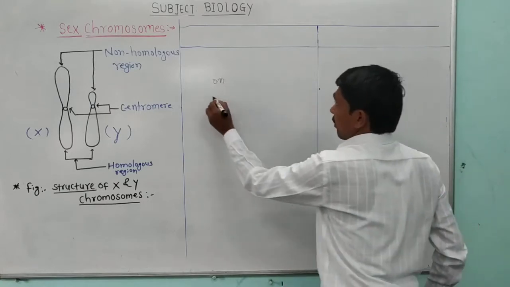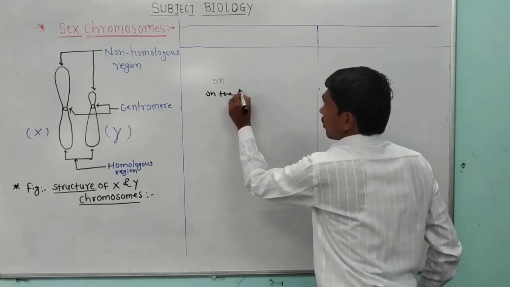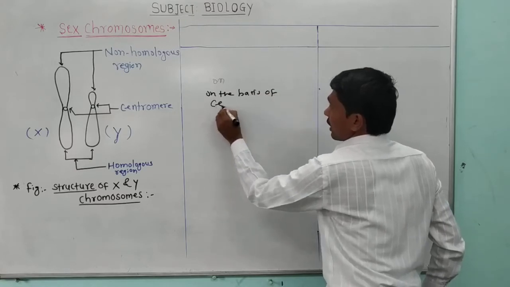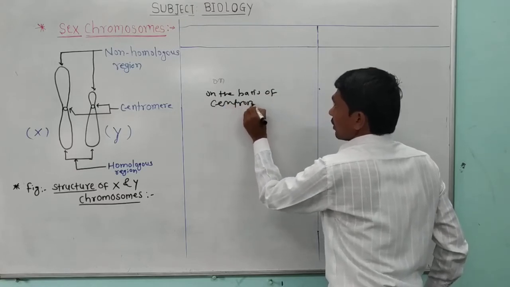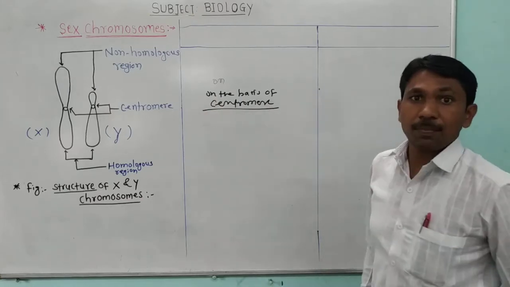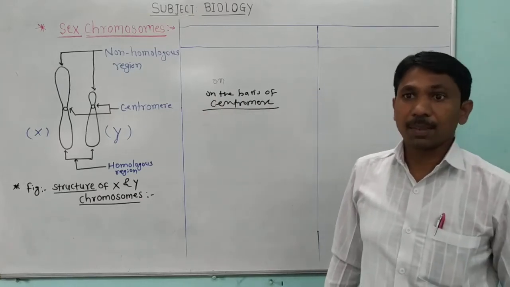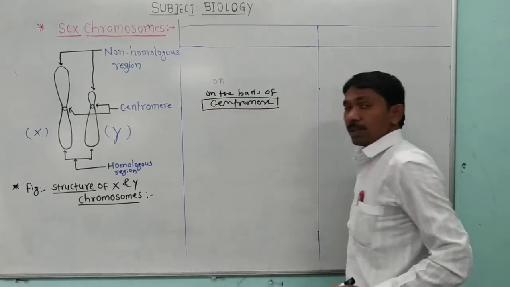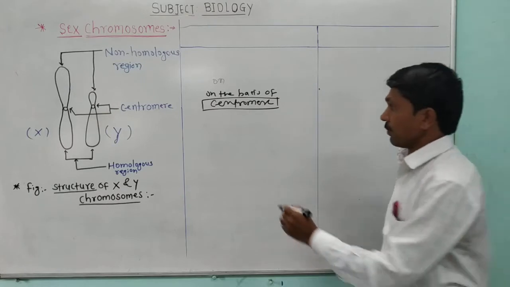On the basis of centromere, the chromosome is of four types.